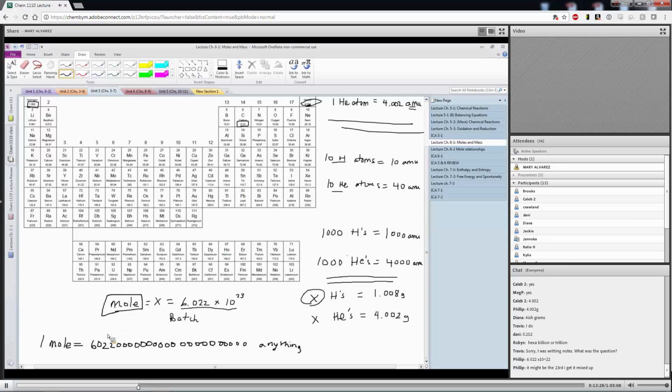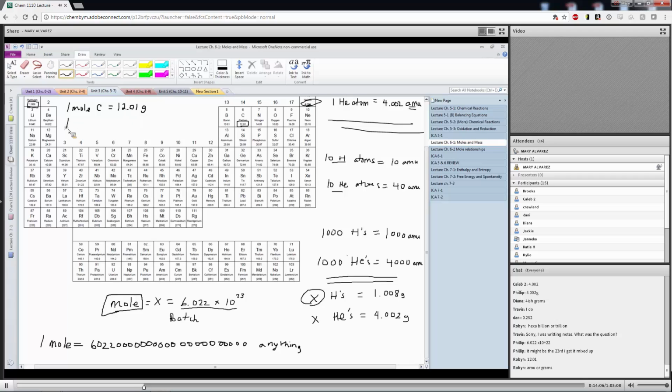Okay. So then, if we're looking at our periodic table, you guys can see that 1 mole of carbon atoms would weigh how much? 12.01. 12.01 what? Grams, right? 1 carbon atom itself would be 12.01 atomic mass units. 1 mole of carbon atoms is going to weigh 12.01 grams.